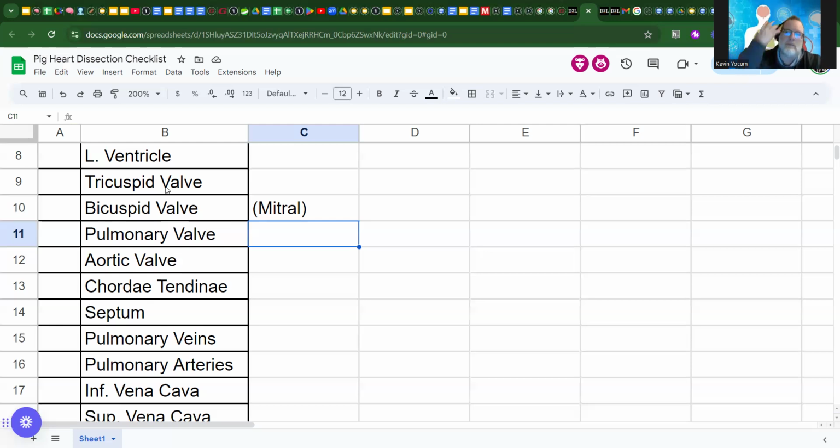We don't want blood going backwards. We want to keep the line moving. That's the purpose of the valve. So when the right and left ventricles contract, they're ejecting blood through, respectively, the pulmonary valve on the right side and the aortic valve on the left side. We don't want that blood going back up into the right atrium and left atrium.